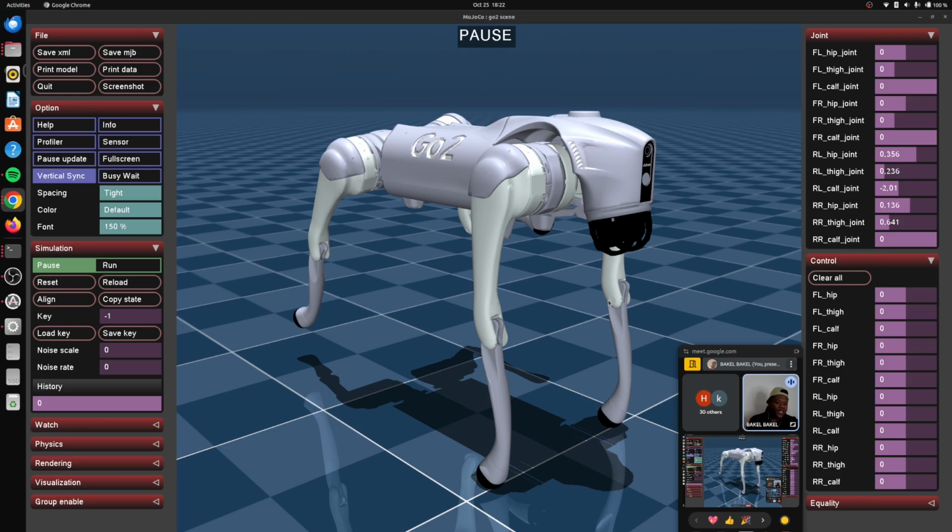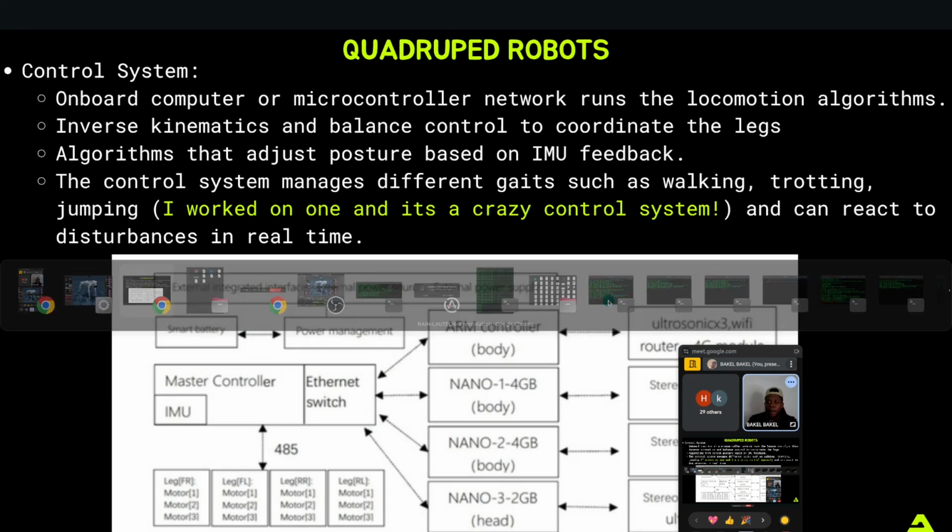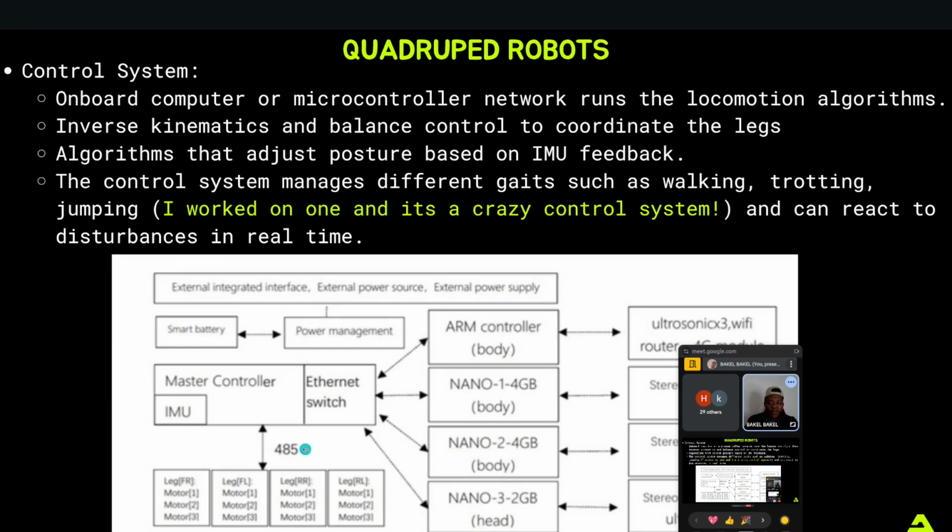You try to reduce latency and all of that. If you try doing it with normal master-slave, where you talk to one slave first, then respond to another slave, you probably won't be able to achieve real time. So 485 is capable of sending to 32 devices with one line using differential signaling.